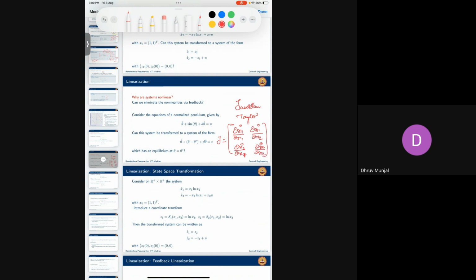Right? Find this Jacobian matrix, then substitute x1, x2 equal to the equilibrium points wherever there is a variable, and then find the matrix. Then the matrix itself is the linearized representation of your state space system.